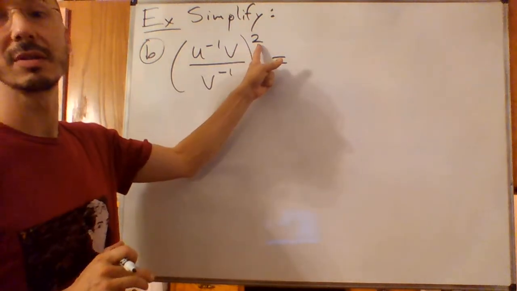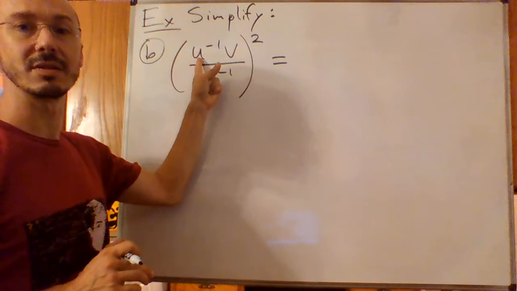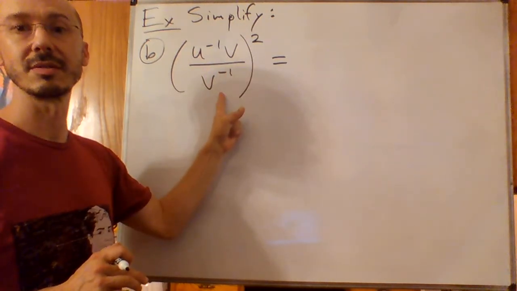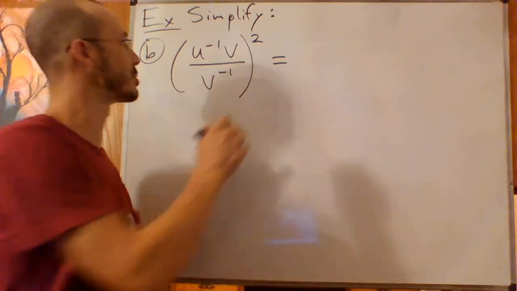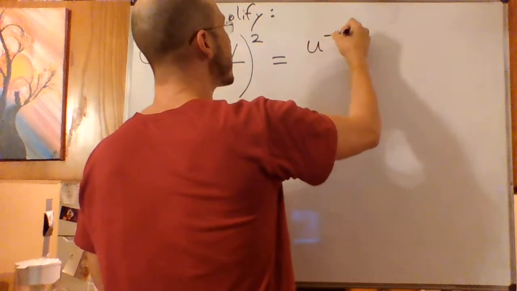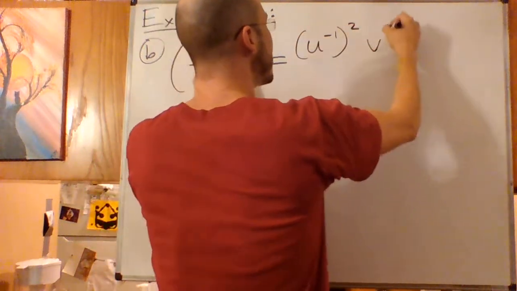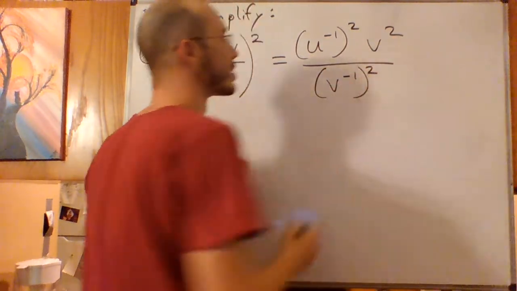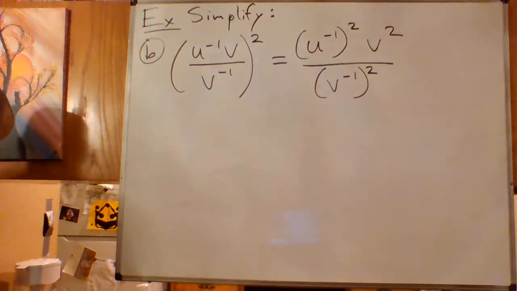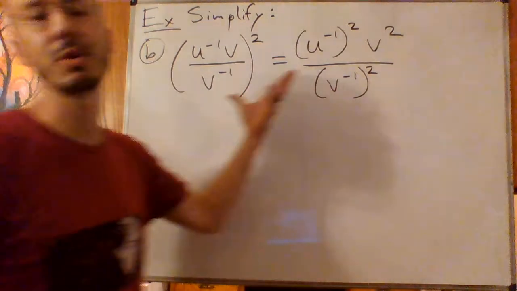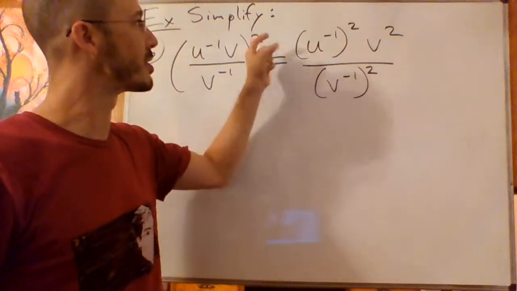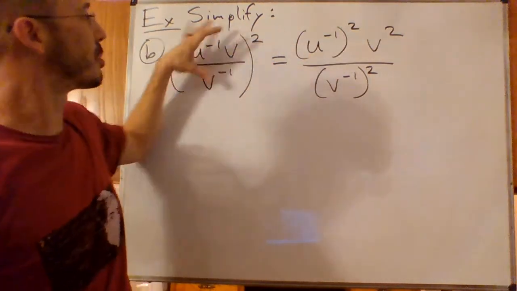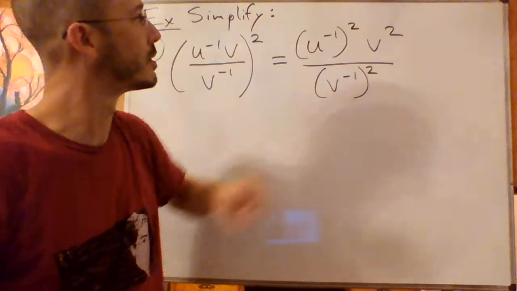This exponent is going to go for this, this, and this. It isn't literally distributing, but it's very much like it. U to the negative 1 squared, v squared over v to the negative 1 squared. You can do it in two separate steps, yes, but I applied the power of a product rule up here, and the power of a quotient rule down here.